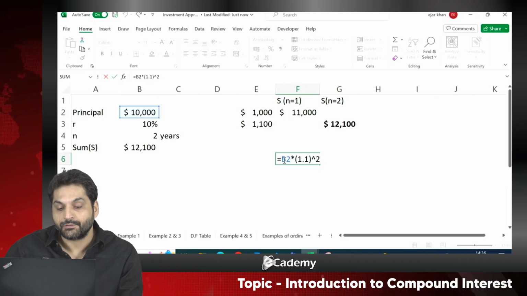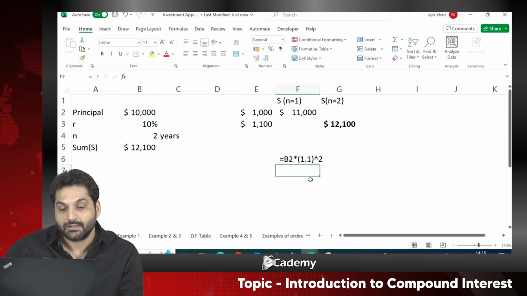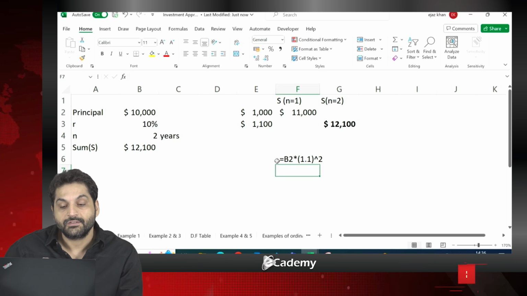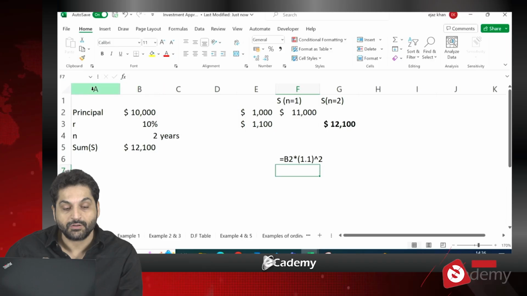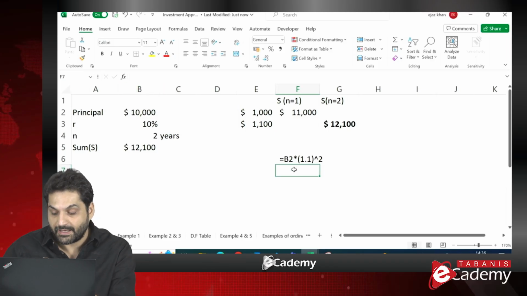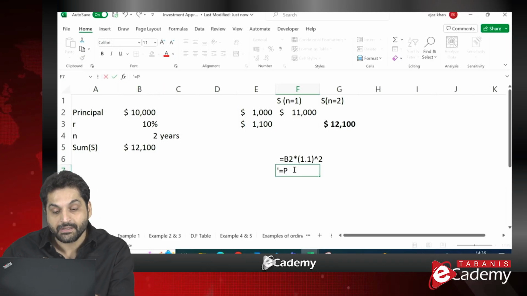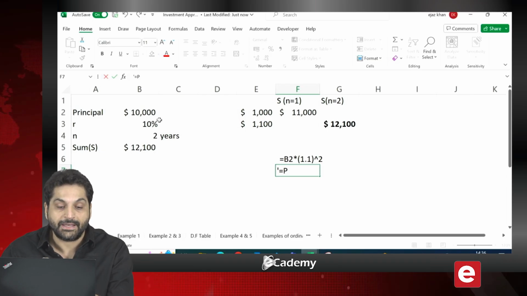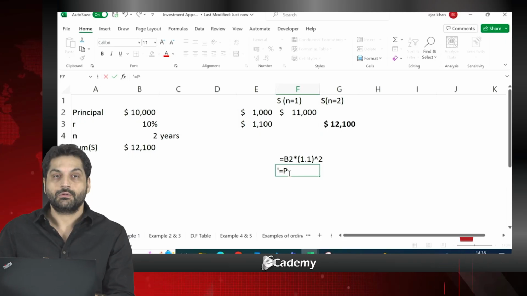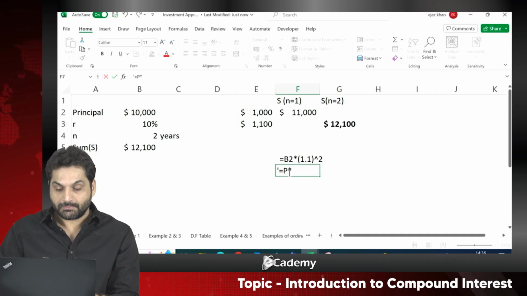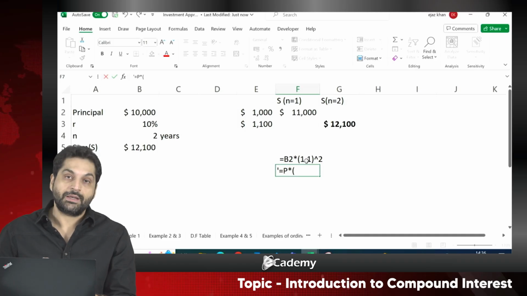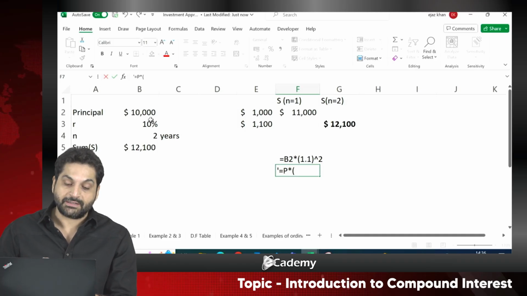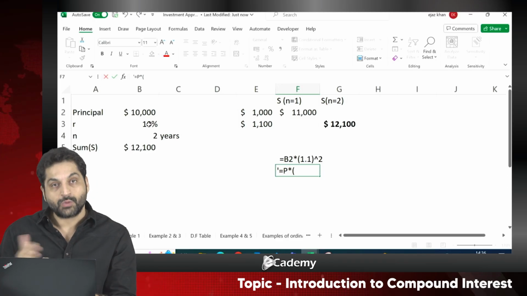And if we analyze this formula, we can just see what variables we have used in this formula. 10,000 is your principal, so we can have it replaced by the principal, denoted by P, right? Because in every question the figure won't be 10,000, so let's define it by a variable P. Then its multiplication sign, 1.1 because the rate of interest is 10%, which means 0.1.